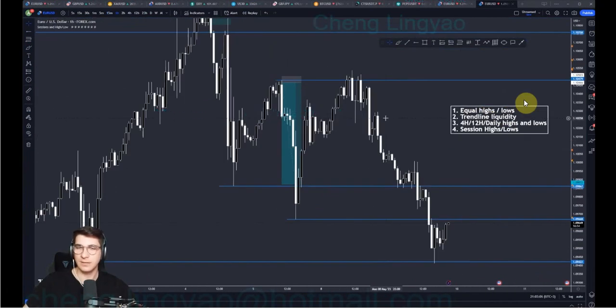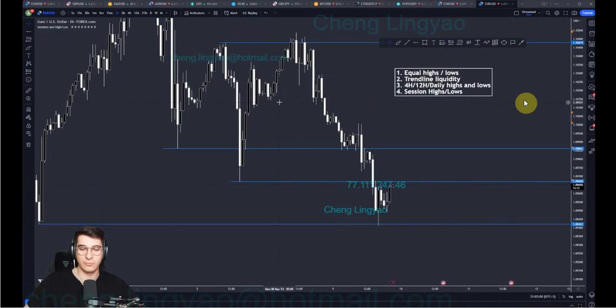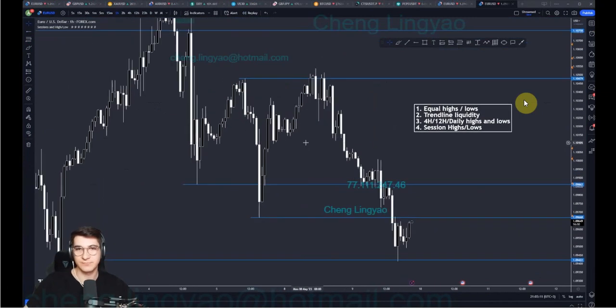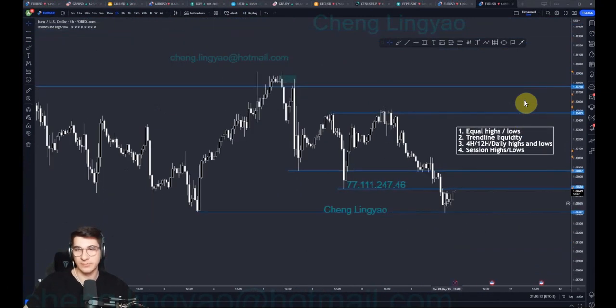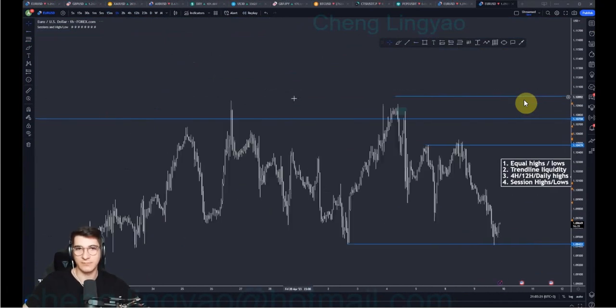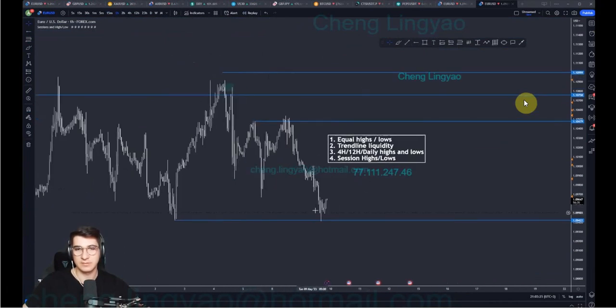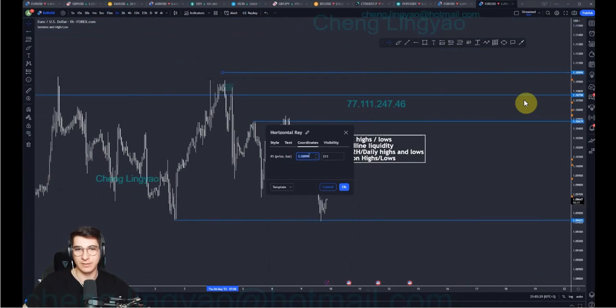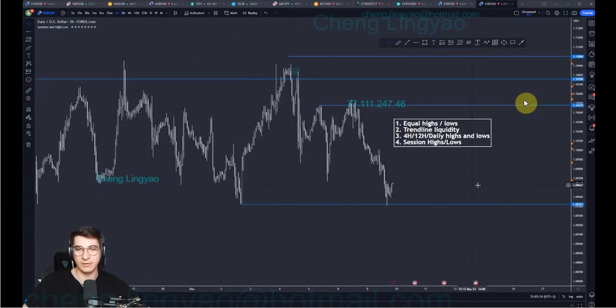Before any trade we take, we need to have an objective for the trade. So for example, on this buy position here, my objective is going to be to clear this high and touch the 1.11 level, because we have liquidity here, we have equal highs, you can see. So my objective is going to be that level right there that I want to be taken out. Before any trading setup, we need to have that objective.